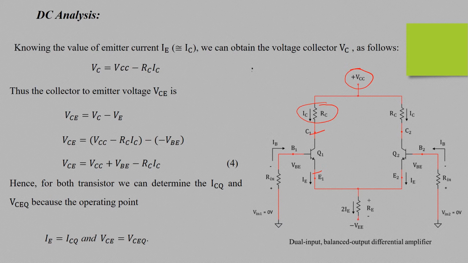Hence, for both these transistors, we can determine ICQ and VCEQ because the operating point IE is equal to ICQ and VCE is equal to VCEQ. So this is the DC analysis of dual input balanced output differential amplifier.